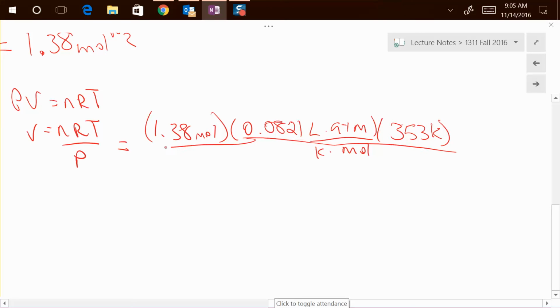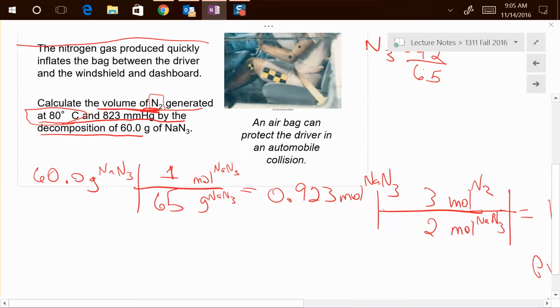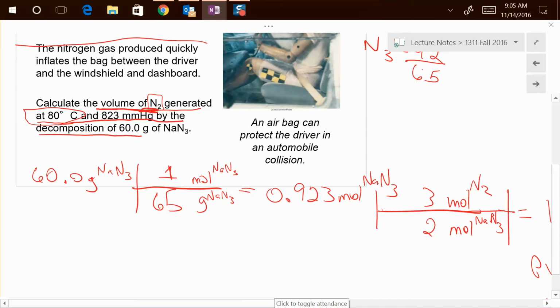And my pressure is what? Okay, 823 millimeters of mercury.